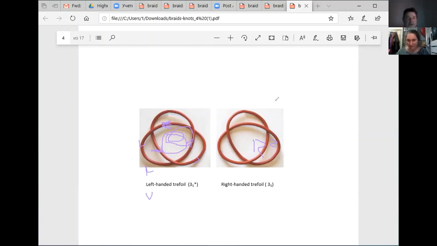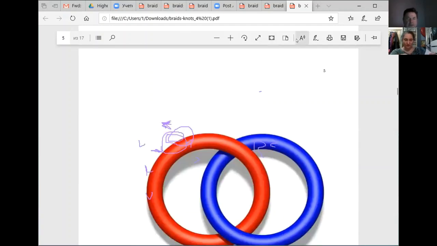Okay, I suppose now that we have some ideas. What does it mean? The Seifert surface. Now I'll take this rubber, use the pointer.